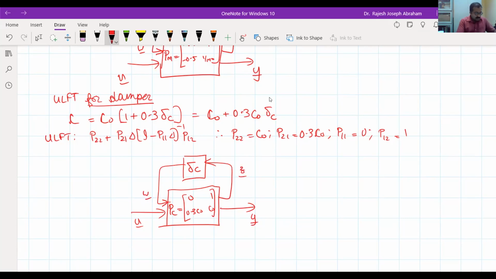Then we have to see what the expression is for our spring K. So now we need to do it for the spring also.